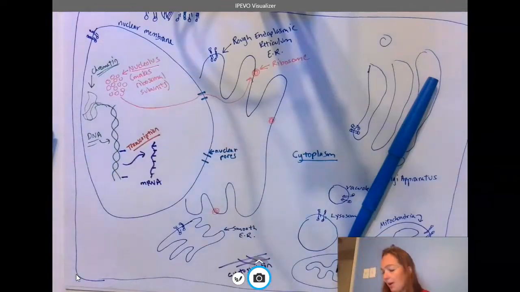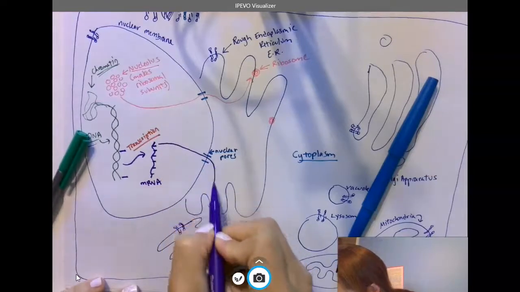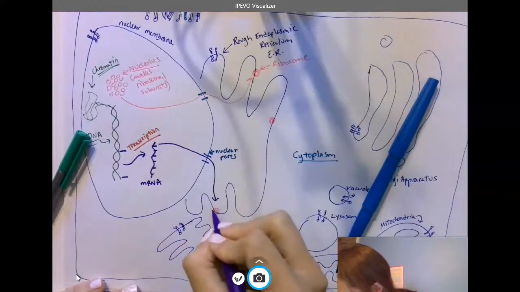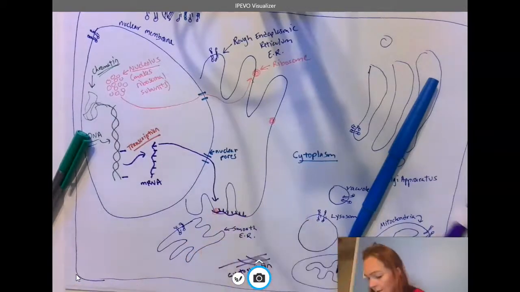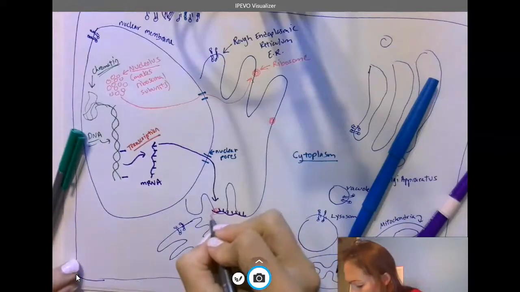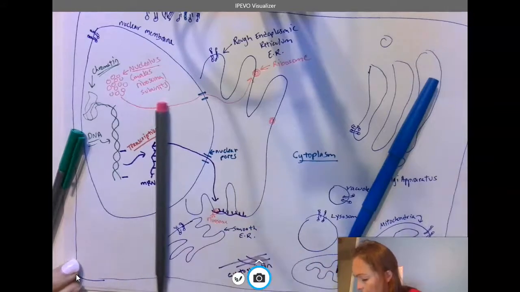And then that mRNA is going to be carried through the nuclear pores, and it's going to attach to one of the ribosomes. So here we have our ribosome. Here we have our mRNA.